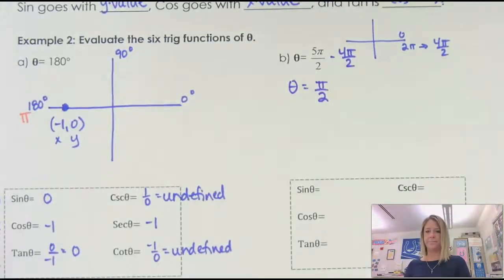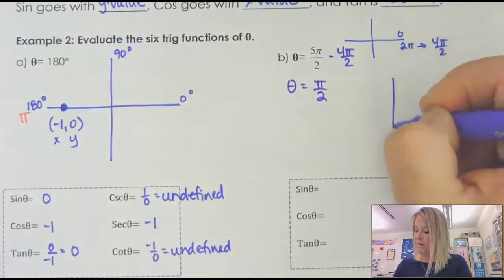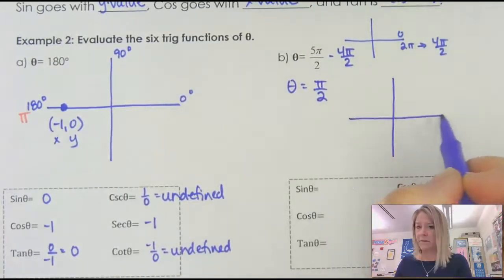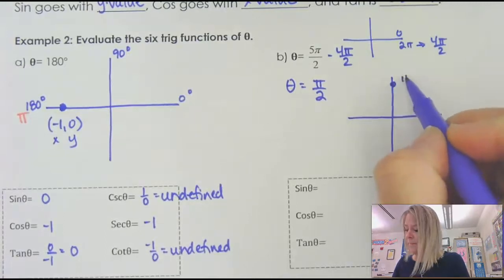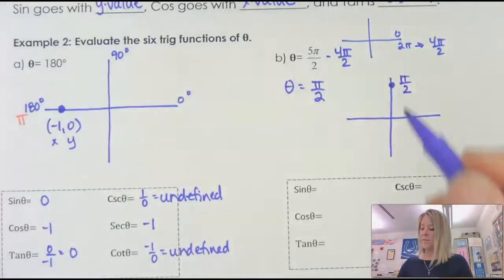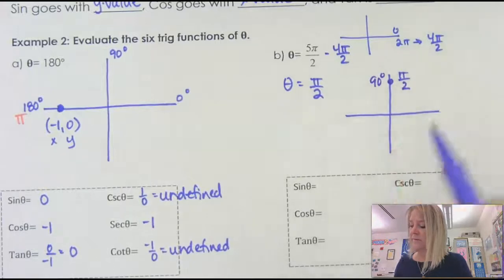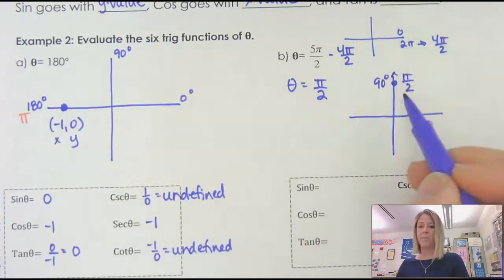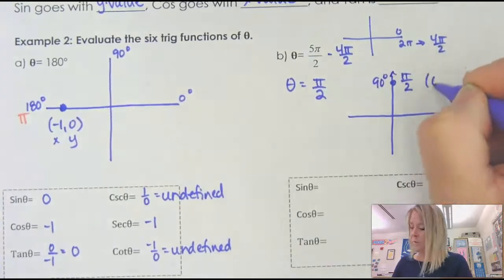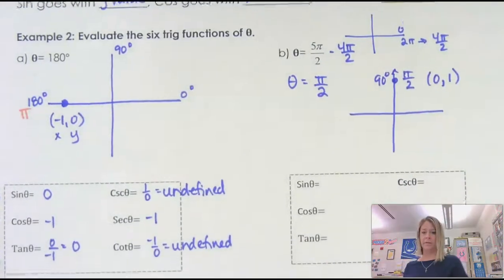what I'm really looking for here is pi over 2. We did all this the other day, pi over 2 is right up here. That's also the same as 90 degrees, so it could have just said 90 degrees here. All right, so that ordered pair right there goes over 0, up 1.